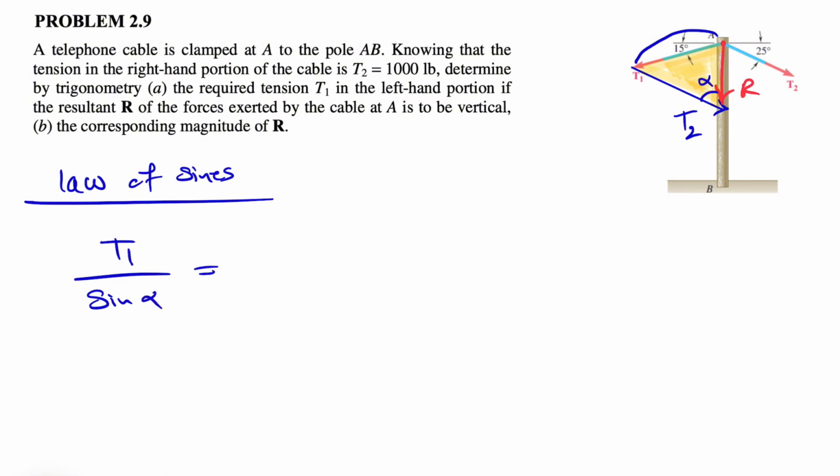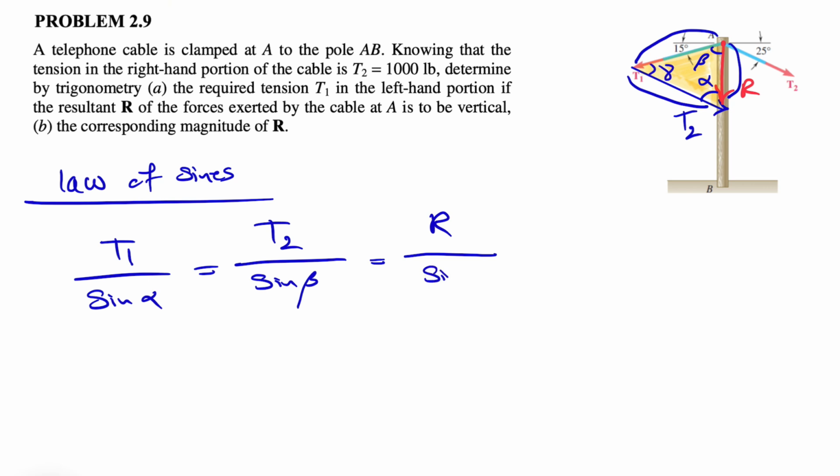Sine of alpha is equal to the other side, T2, over the angle in front of it, which we can call beta, so sine of beta. This will be equal to the other side, R, over the angle in front of it, which we can call gamma, so sine of gamma. From the question, we know our T2 is 1,000 pounds. If we can figure out the angles, we should be good to go.